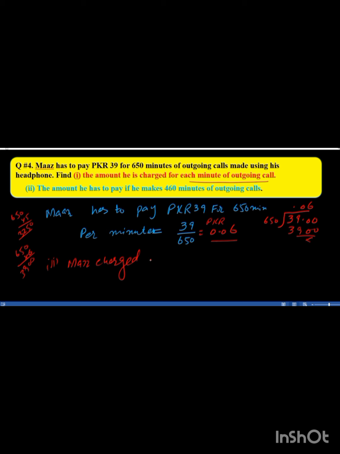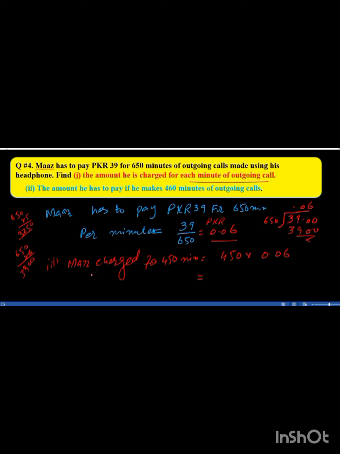What you have to do is very simple, 460 multiplied by 0.06. So you can multiply this and you will get your answer.